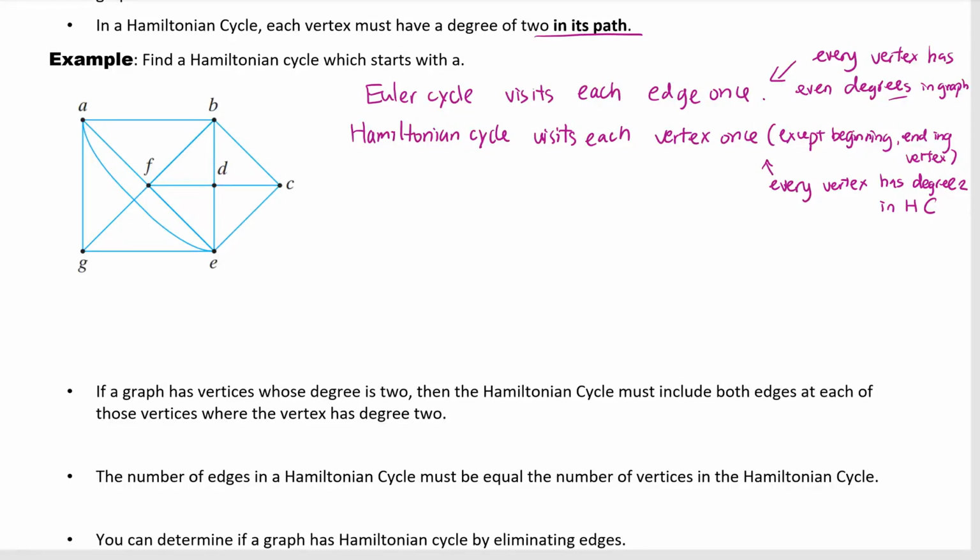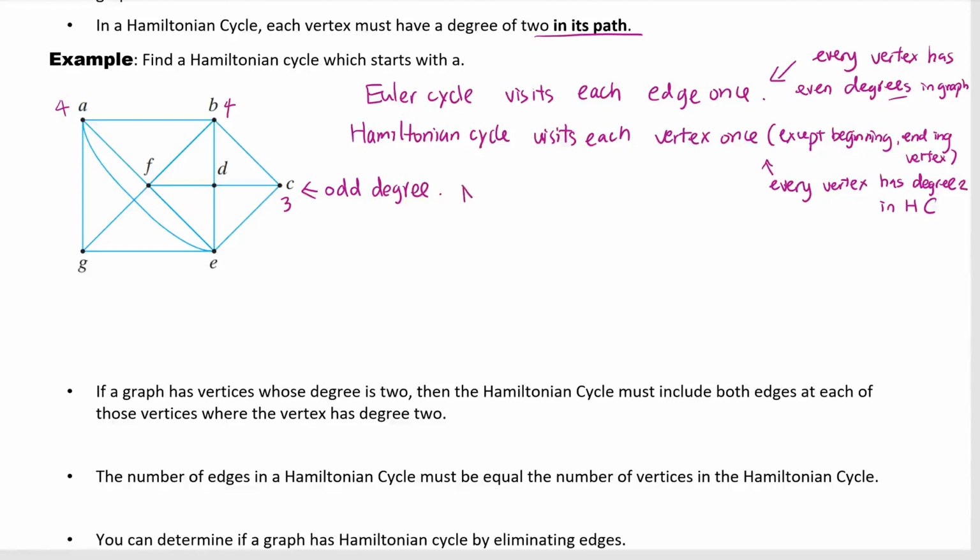Let's look at this picture. Do we have an Euler cycle? Let's look at the degree of each vertex. A has 1, 2, 3, 4, degree 4. B has 1, 2, 3, 4, degree 4. C has 1, 2, 3. Oh, you can see C has odd degree.